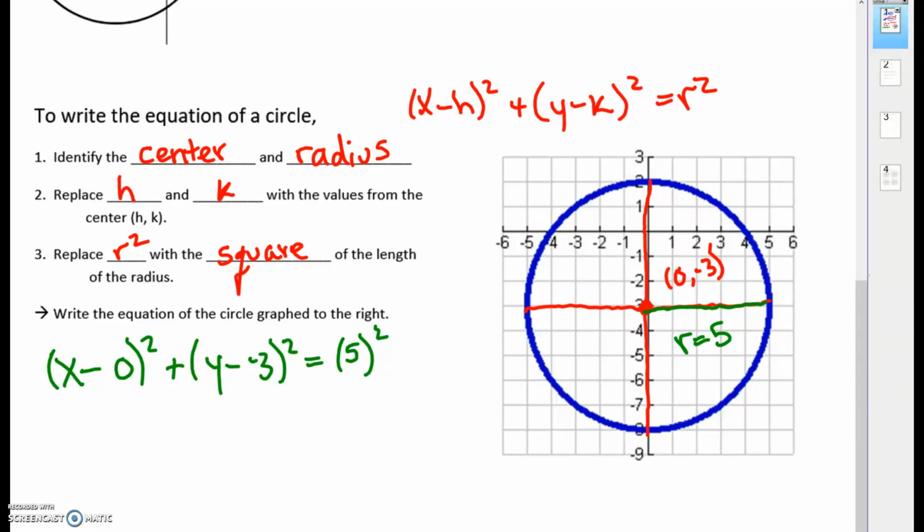And we're going to simplify that. X minus 0 is just x, so that's x squared plus, this becomes y plus 3 squared equals 25. And that's all you do to find the equation of a circle.